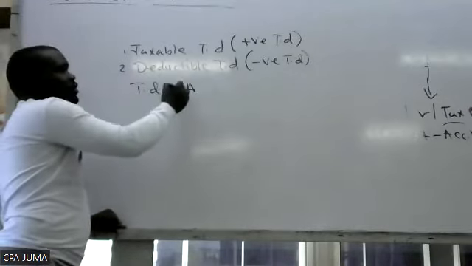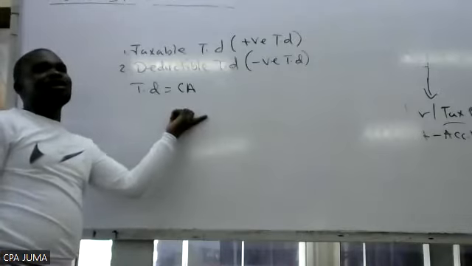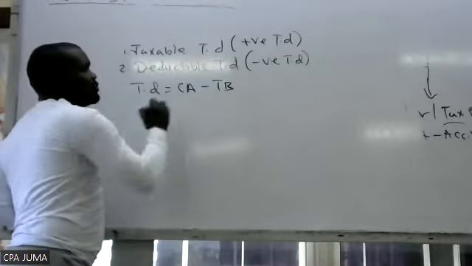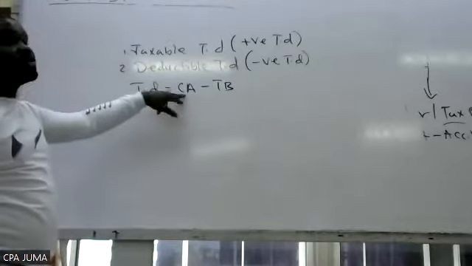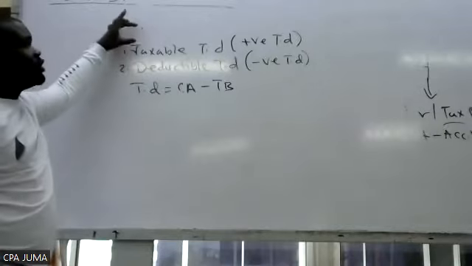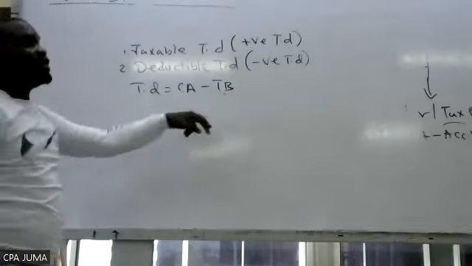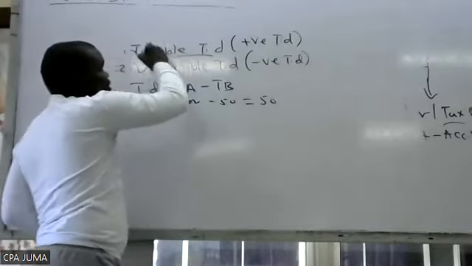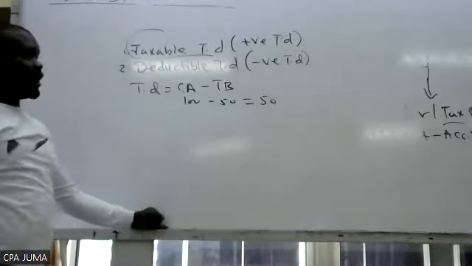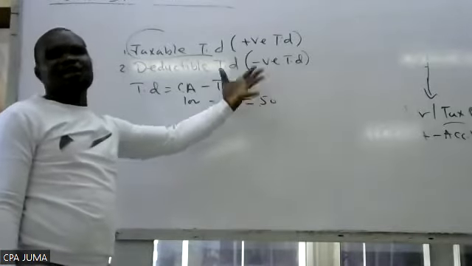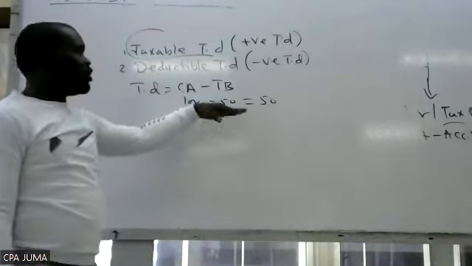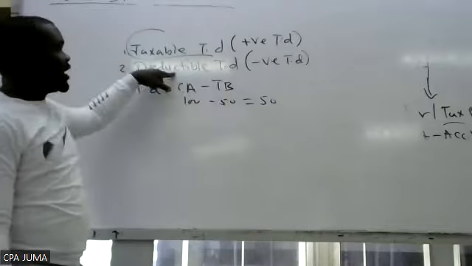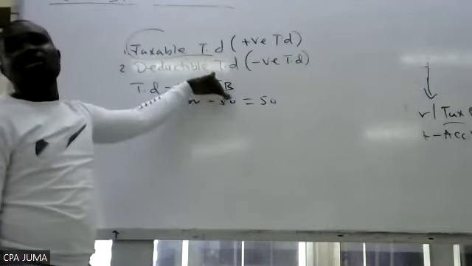Carrying amount minus tax base, because the accountant starts with the carrying amount in December, then the taxman comes later. So when the carrying amount is more than the tax base, say this is 100 and this is 50, we report a positive figure. That is taxable, and it will lead to deferred tax liability. So all taxable temporary differences will lead to deferred tax liabilities, while negative is when the carrying amount is less than the tax base.